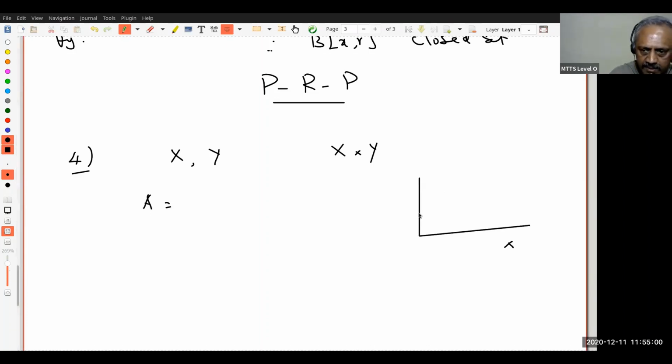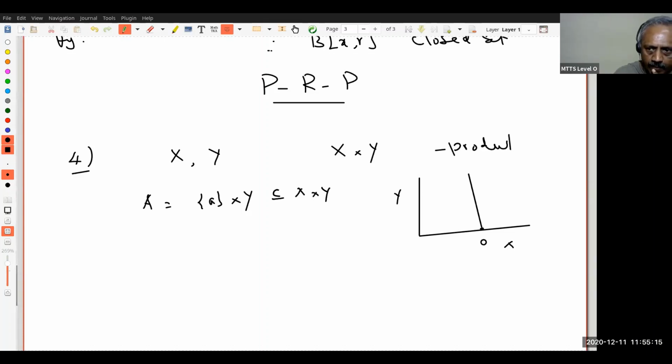This is my X, this is my Y. Here fix a point a. Look at this set, the singleton {a} cross Y. This is a subset of X cross Y, with the product metric. I want to know whether this is open, or closed.